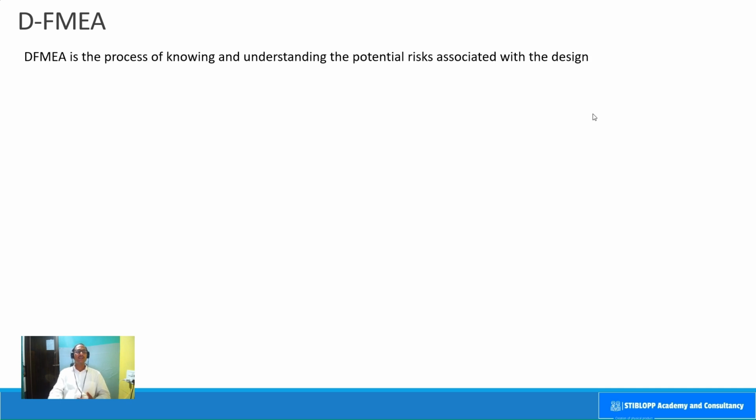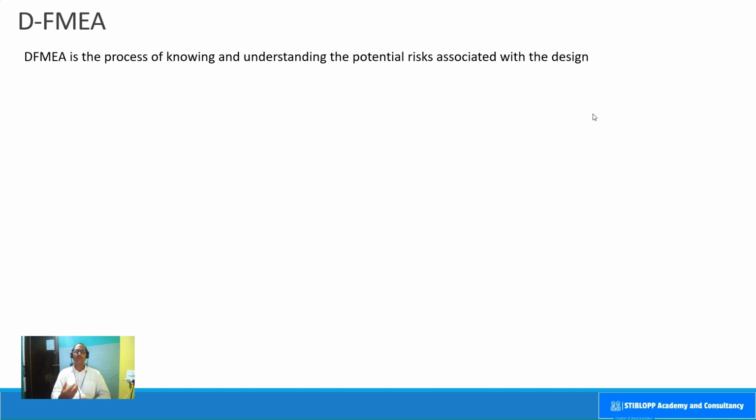DFMEA. DFMEA stands for Design Failure Mode and Effect Analysis. Maybe most of us know about this. What exactly is the DFMEA? DFMEA is a process of knowing and understanding the potential risks associated with the design. I hope it is pretty clear from the definition why DFMEA has to be done.